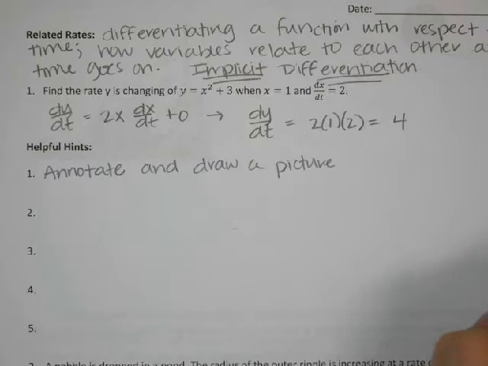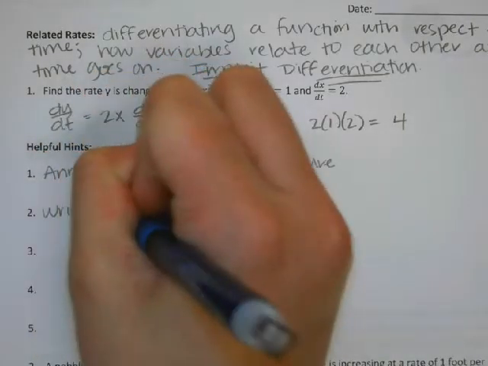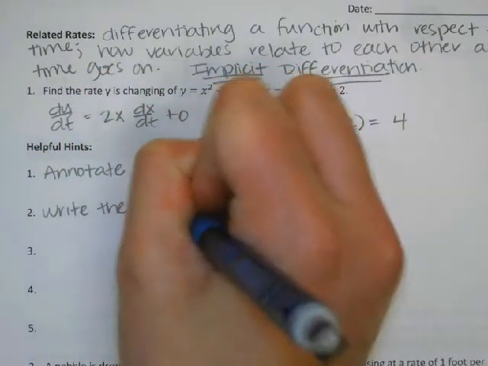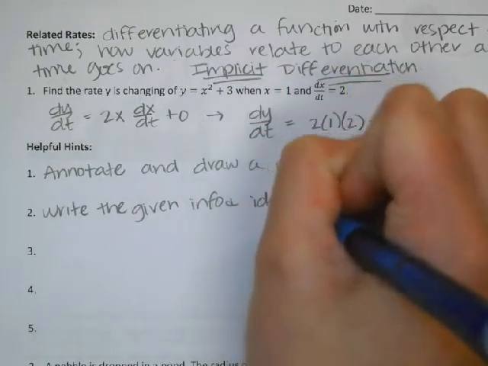You don't have to draw a picture 100% of the time. Sometimes you can't really draw a picture, but typically a picture is going to help you think through the problem and use your common sense. You're going to write down the given information and identify what you're trying to find.